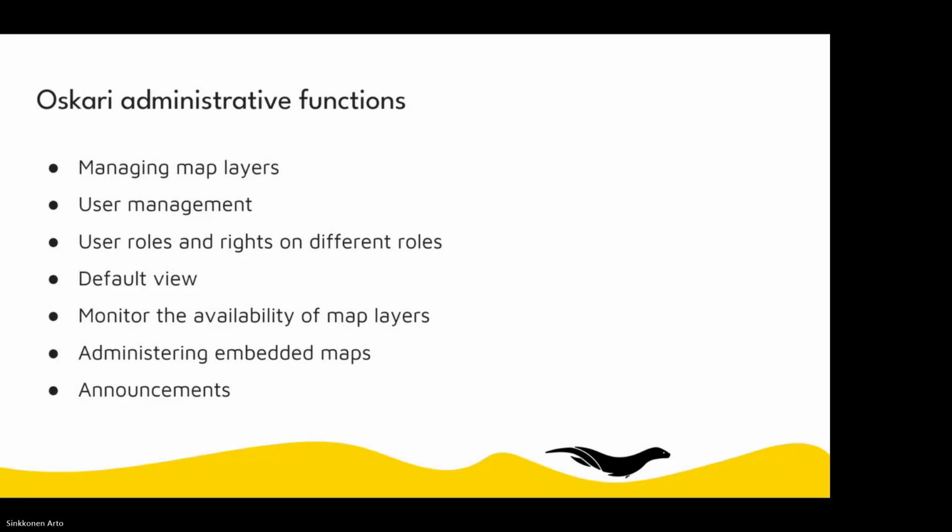And then if you go into administering the embedded maps and you build your management around that, there are certain differences and possibilities as well. And then sometimes administrators need to announce things to users in general, whether they are using the embedded maps or the Oskari service directly.